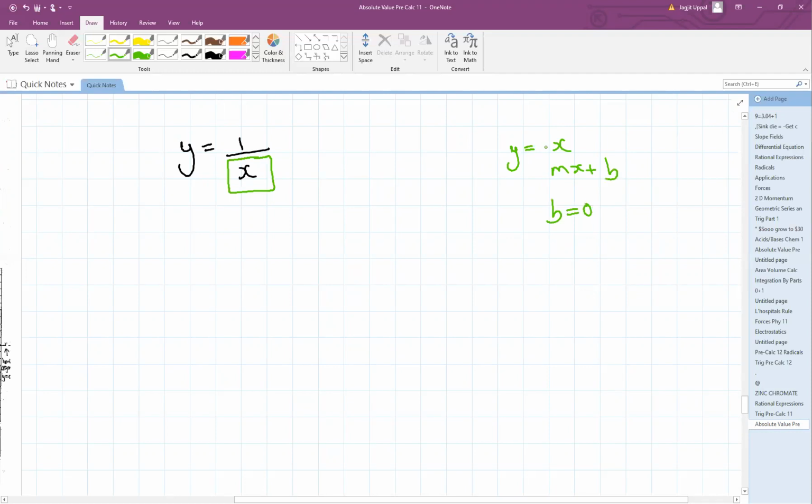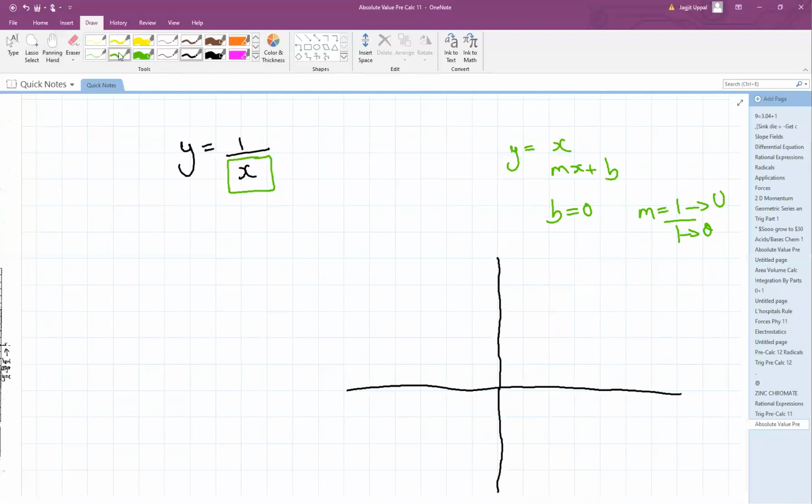So clearly b is 0, and m is the number in front of x, which is 1. So your slope is 1/1, which means you're going to go 1 over and 1 up. So when I graph y equals x, it's going to look like this. This has a y-intercept at 0, and the slope is 1 over 1 up, and you're just going to connect these lines.